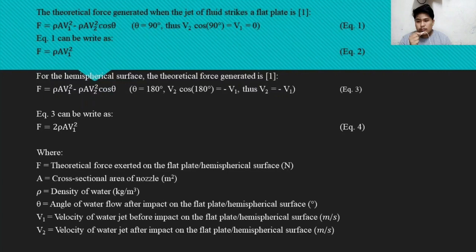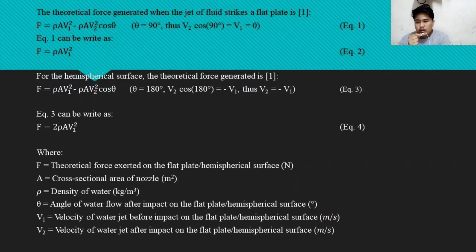The angle equals 180 degrees, so V2 equals minus V1. Equation 3 can be written as F equals 2 rho A V1 squared, where F is the theoretical force exerted on the flat plate or hemispherical surface.